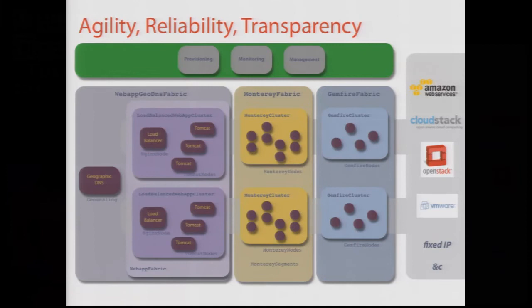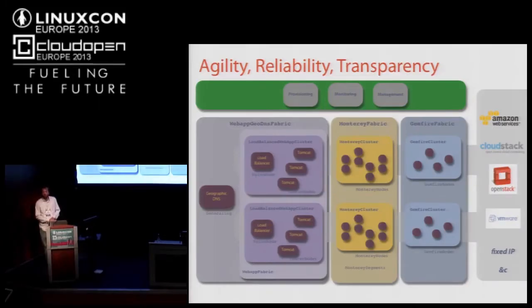Coming back up to getting the application running, we mentioned at the outset that we've done a lot with portability. Targeting fixed IP addresses, targeting localhost are useful. Targeting a raft of different cloud environments is becoming more and more important.